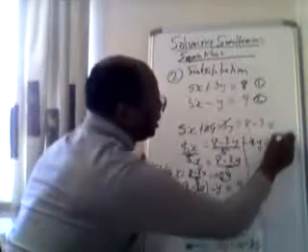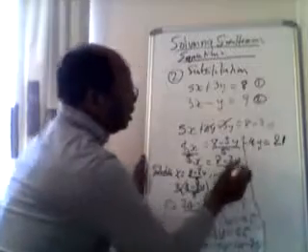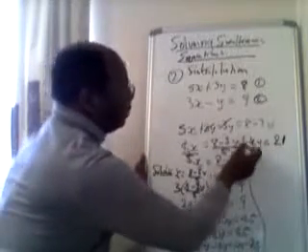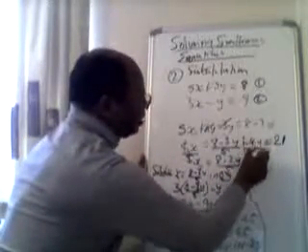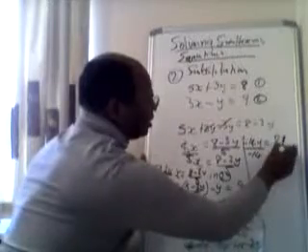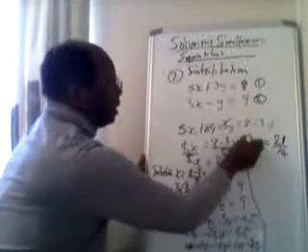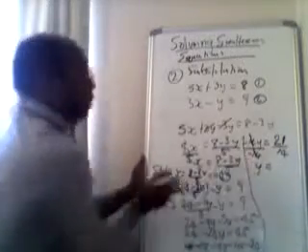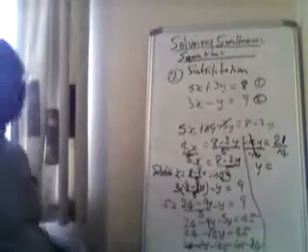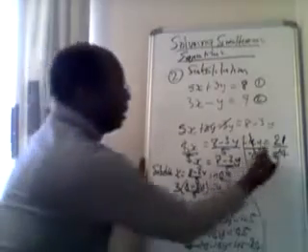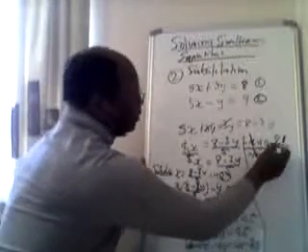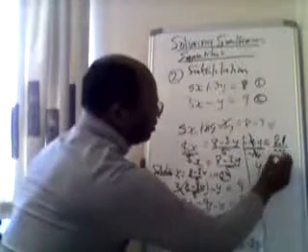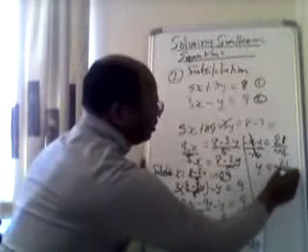So minus 14y equals 21, and then I need to divide by minus 14 on both sides. This cancels, and I get a positive y, because minus divided by minus is plus. So y equals 21 over minus 14, which is minus 21 over 14.